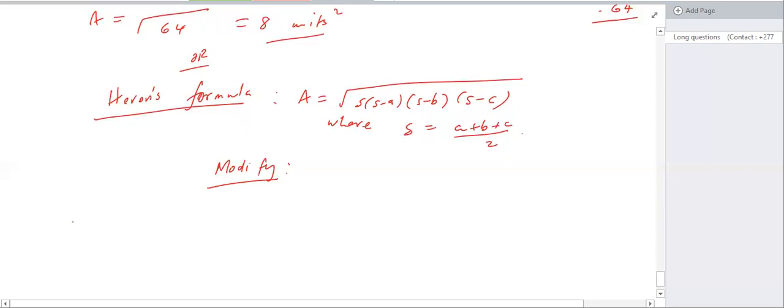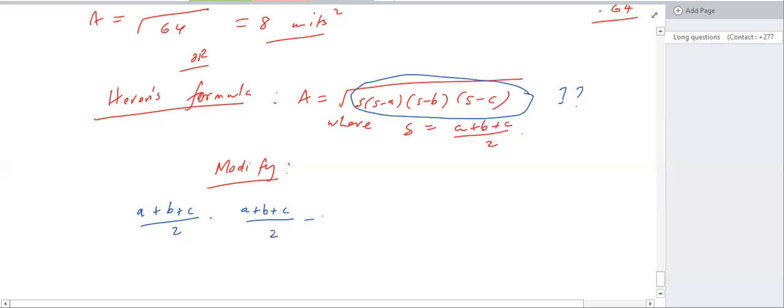Just changing the color of the pen. So you can write down these things. So what's S? S is A plus B plus C over 2. Let us simplify this inside the square root. So we have A plus B plus C over 2 times A plus B plus C over 2 minus 2A over 2.